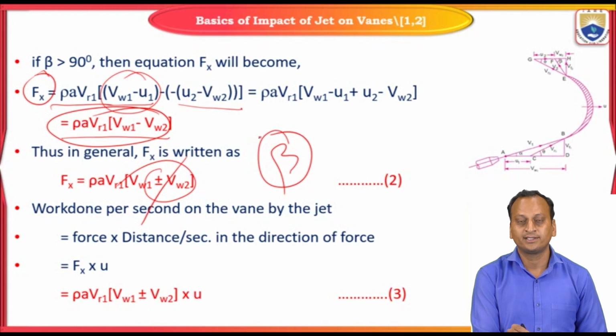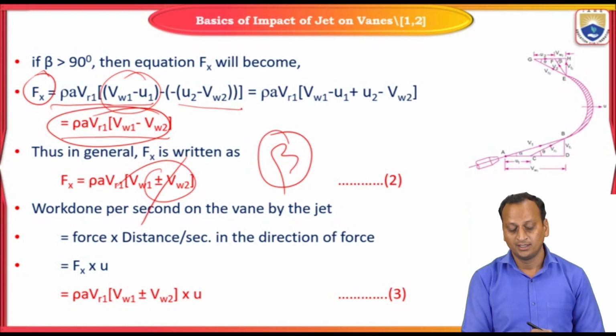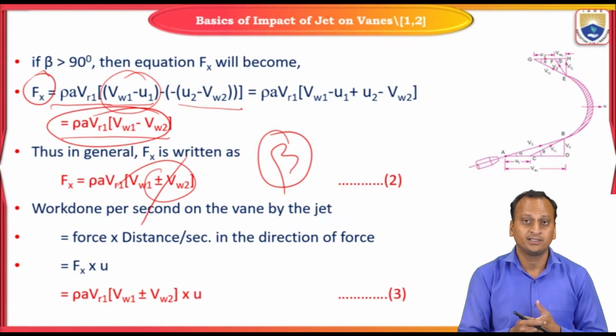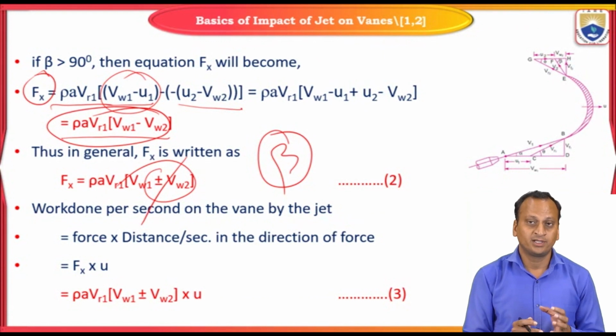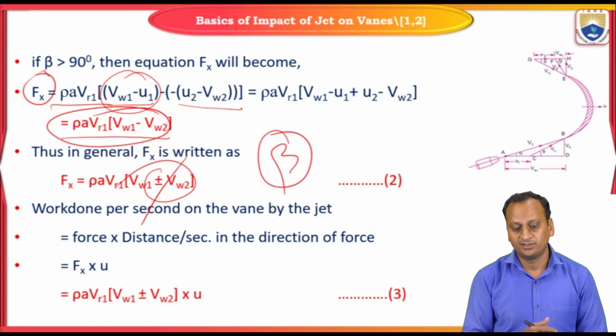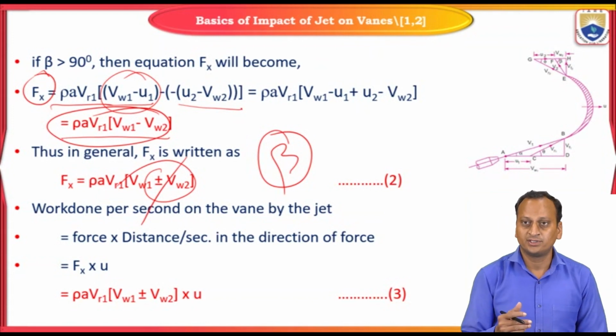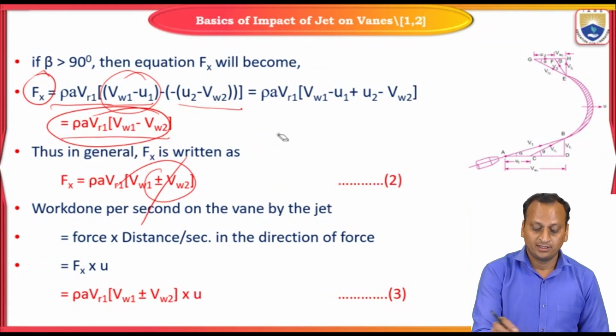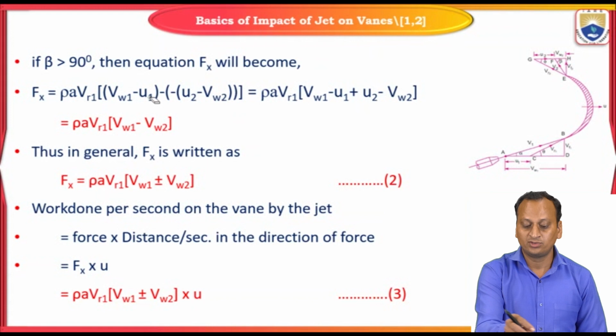Work done, after knowing the force in the x direction. Whenever the jet is applied on a vane, due to the force applied by the jet that will be moving, there will be a rate of change of momentum, considering all these parameters at inlet and outlet.